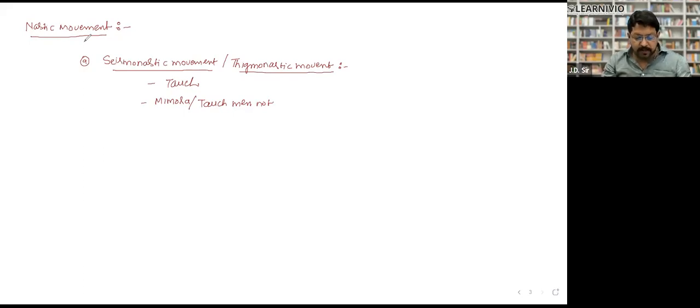The movement that occurs in response to touch is called seismonastic movement.